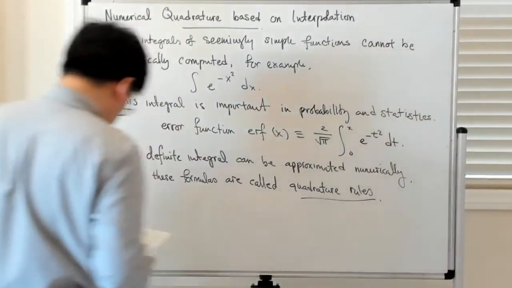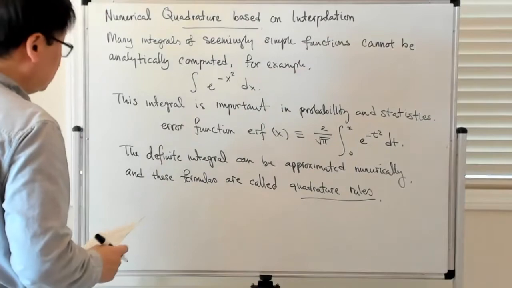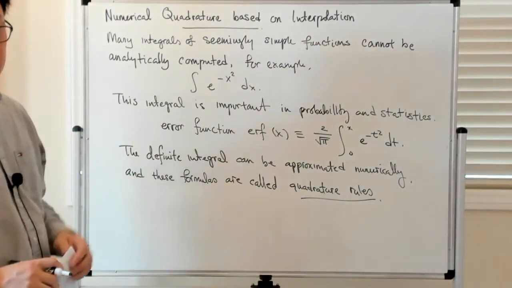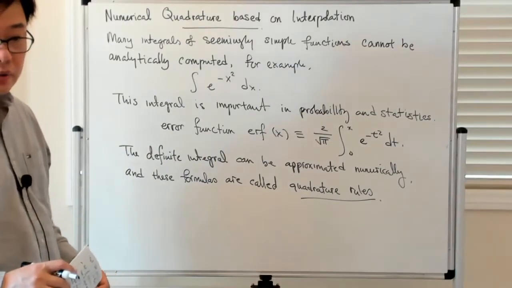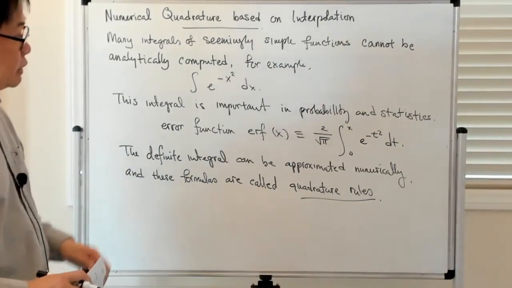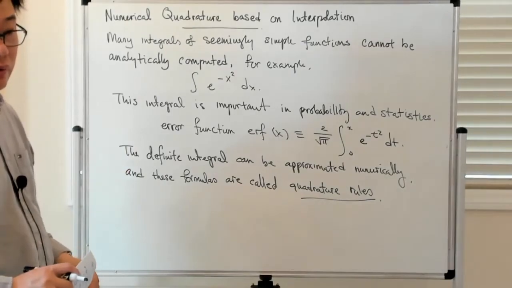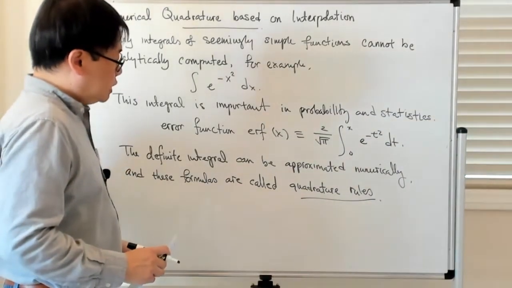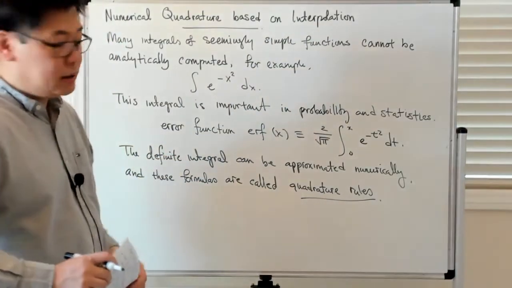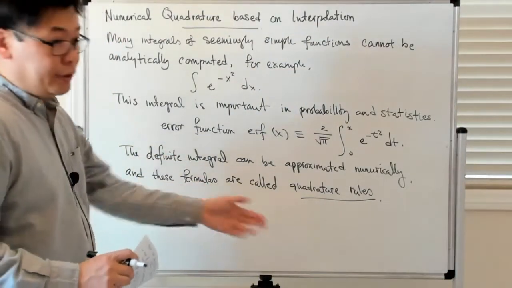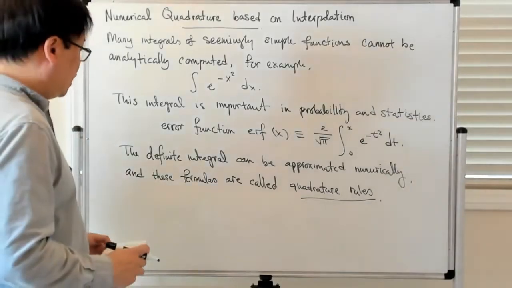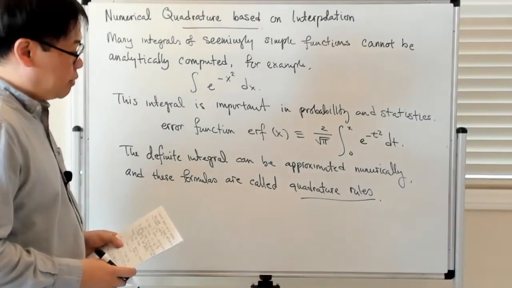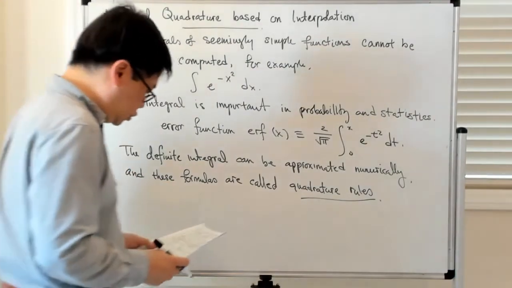That's again the basic motivation: not every function can be analytically integrated, but even though you can't analytically integrate it, you might want to compute the definite integral, or at least approximate it to an arbitrarily high order of precision. And one way to do this is to look at numerical methods known as quadrature rules.